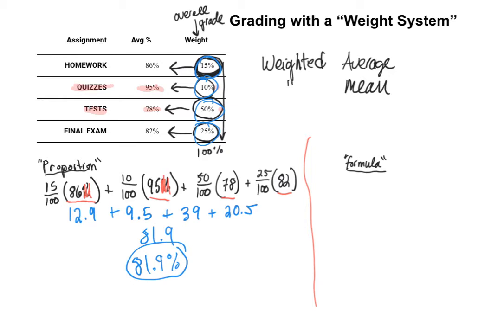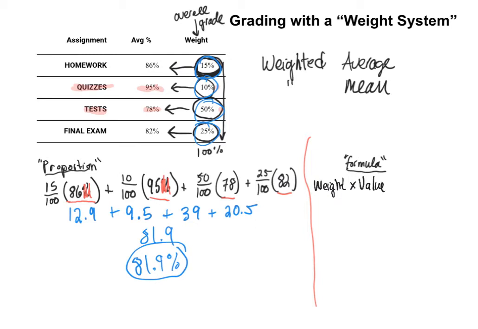Another approach is to use a little bit of a formula. And if you were to Google or search a weighted average or weighted mean calculation, it's likely what they're going to show you is this type of a formula, where they're going to just take each individual weight, they'll multiply that by the value associated with that weight.